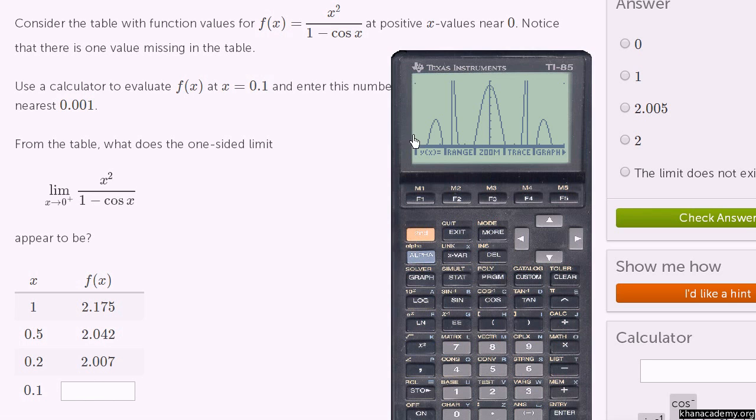But let's verify that. Get my calculator out. So I want to evaluate x squared over 1 minus cosine of x when x is equal to 0.1. So the first thing I want to do, let me verify that I'm in radian mode, because otherwise I might get a strange answer.